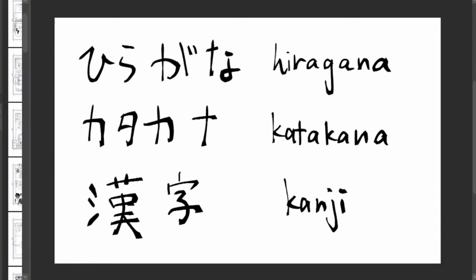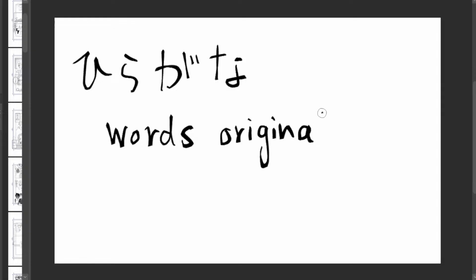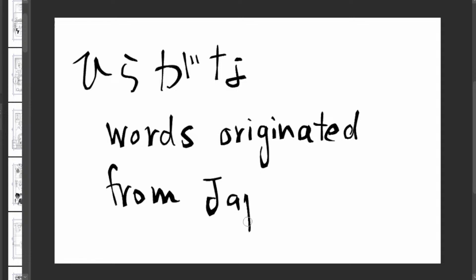Okay, so first thing first, hiragana. It is used for words originated from Japan itself. For example, in Japan, they have apples.